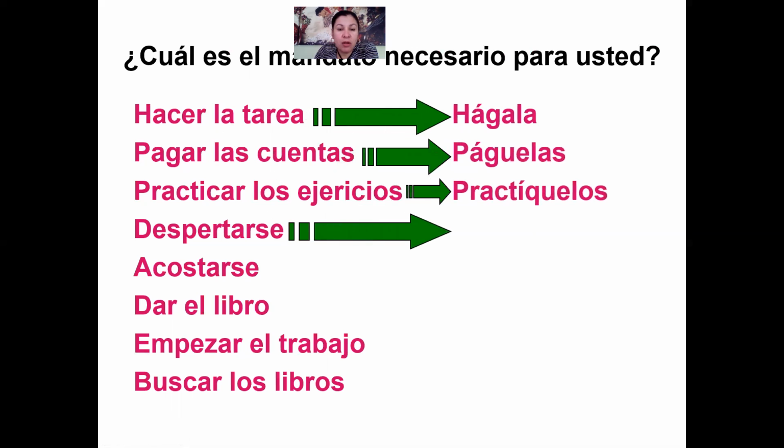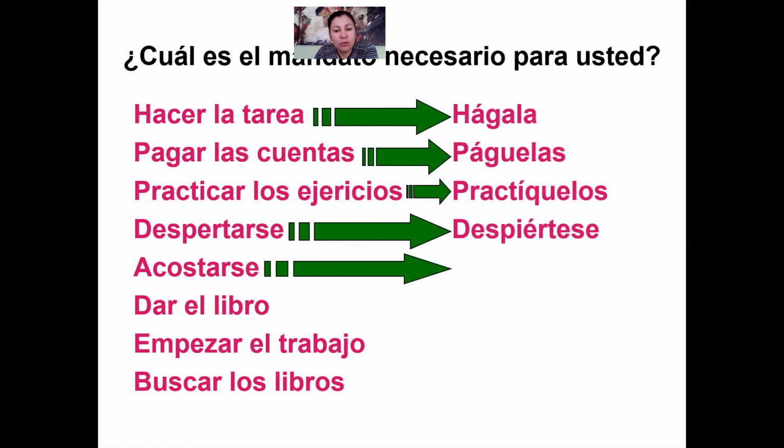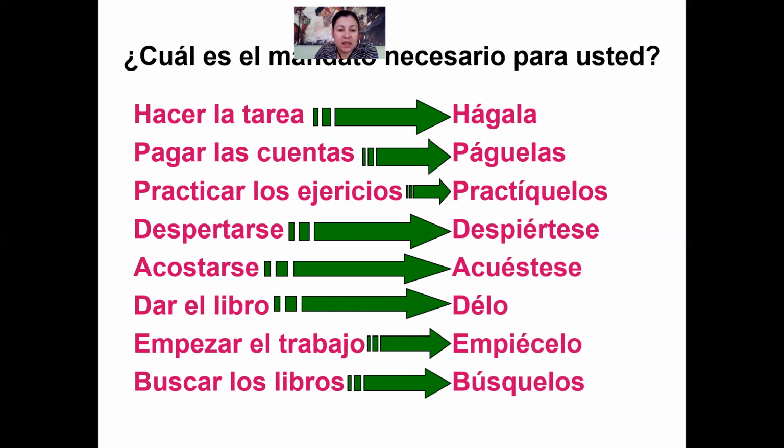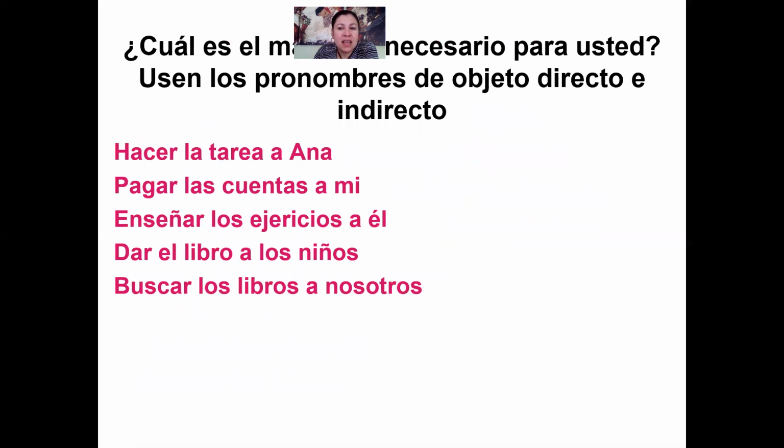Reflexive command, pronoun for reflexive: despiértese, despiértese, say go to bed, acuéstese, dé lo, empiécelo, and búsquelos.